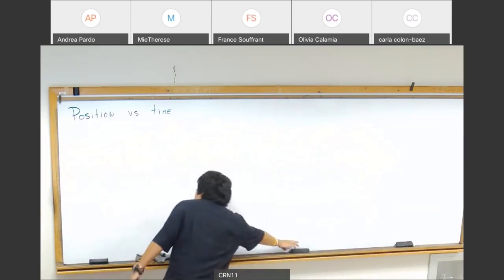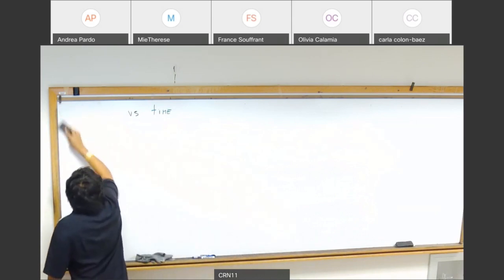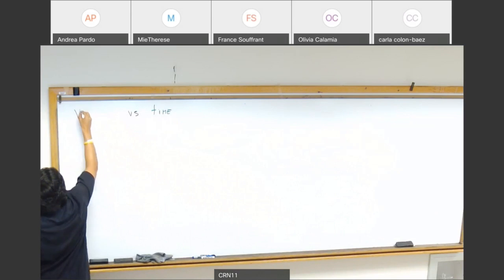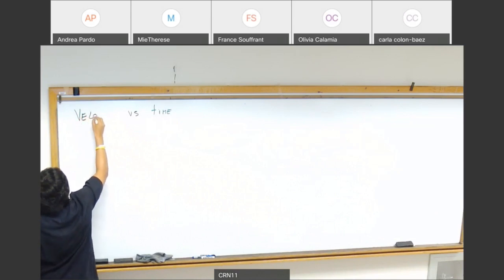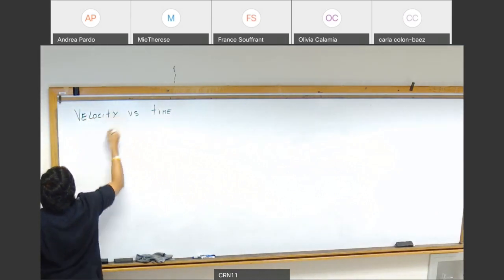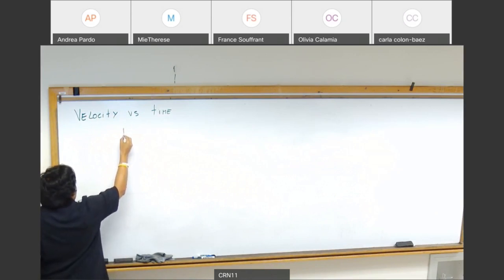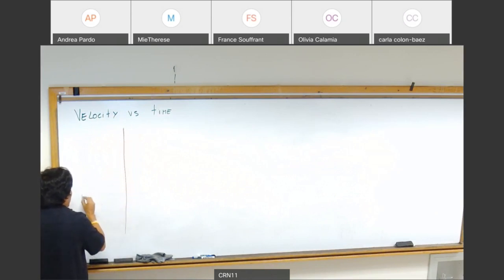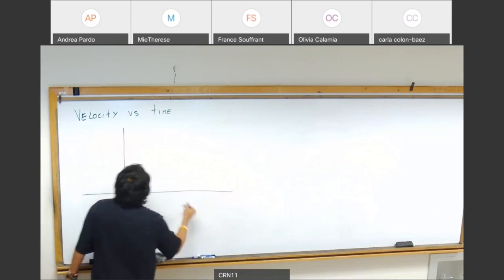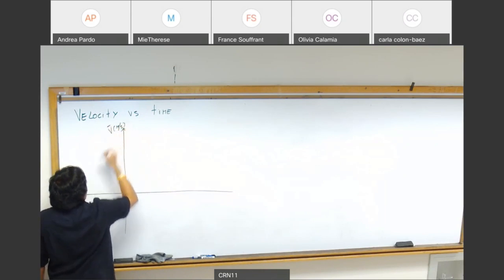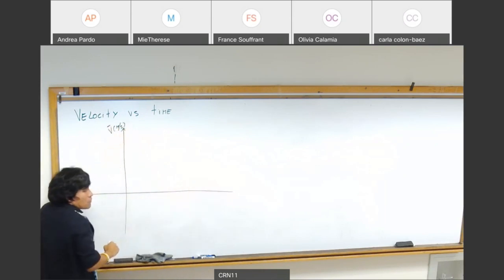So in a velocity versus time graph, you will have something like this. Again, you will use your X and Y axis. But now, this axis will be labeled V, meters per second. And that will be the time, seconds.